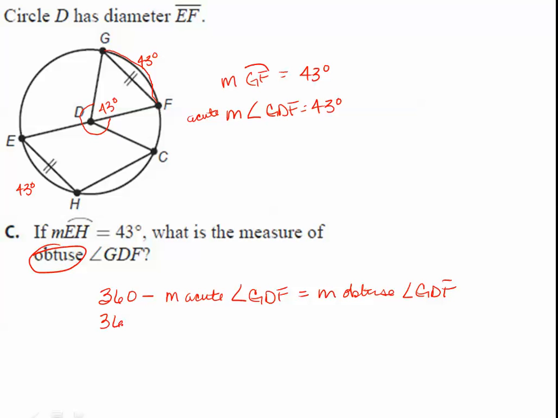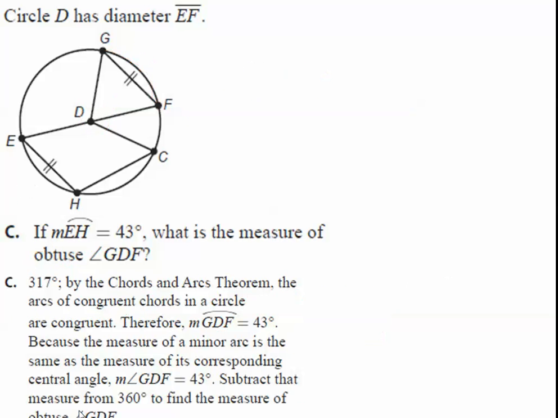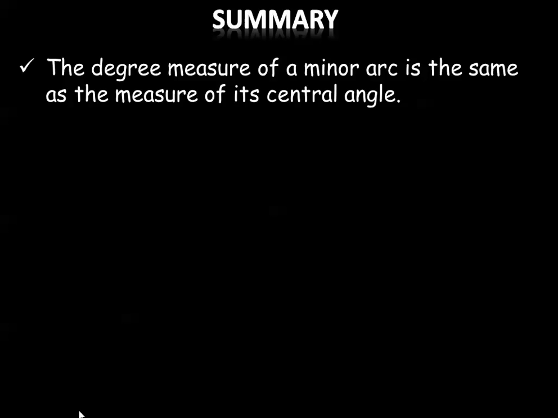So I'm going to have 360 minus 43, and when you do that calculation, you get 317 degrees. Okay, so these are just like when we did other lessons. You've just got a puzzle here, and you've got to piece things together. And that's just the official answer.